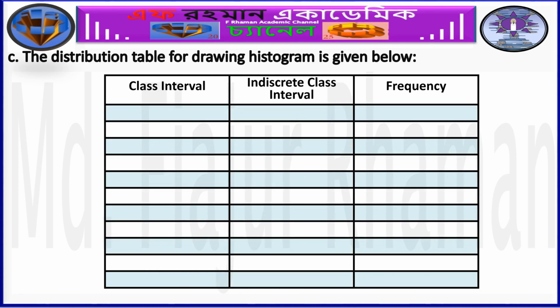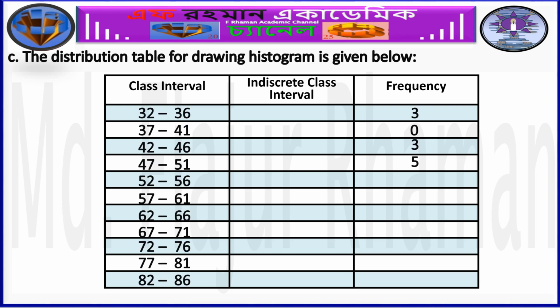The distribution table for drawing the histogram is given below. The class intervals and frequencies we have already obtained in question B. In case of drawing a histogram, we should make the discrete class intervals into indiscrete class intervals.